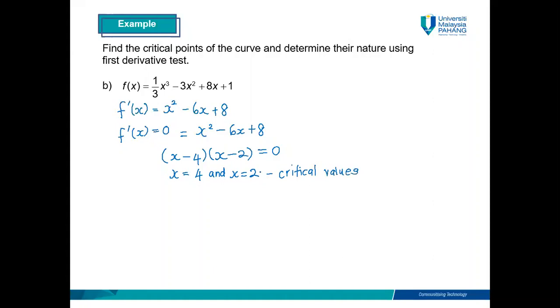Next we want to find the critical points.